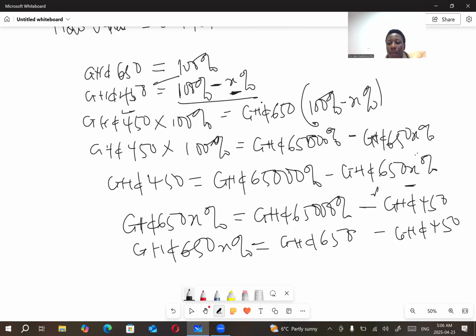Okay, it's fine. So 650x in percent will be equal to, so subtract this. This is Ghana cedis, this is Ghana cedis, so you can subtract. 450 minus 650 is what? 100.